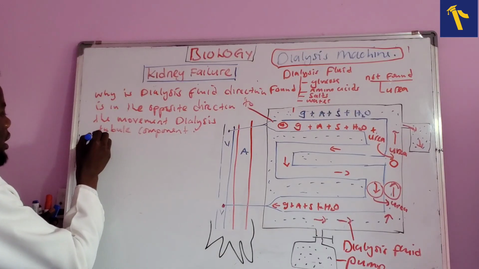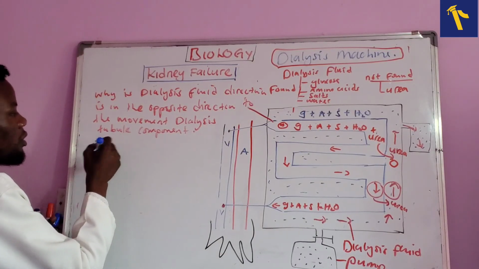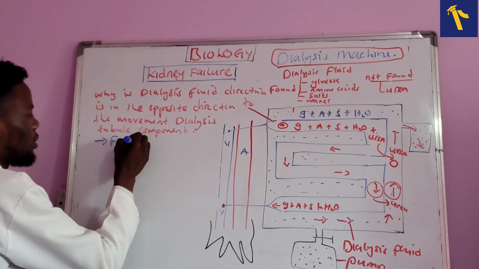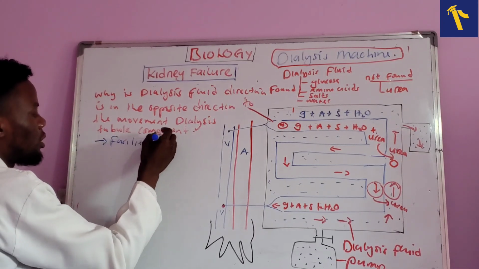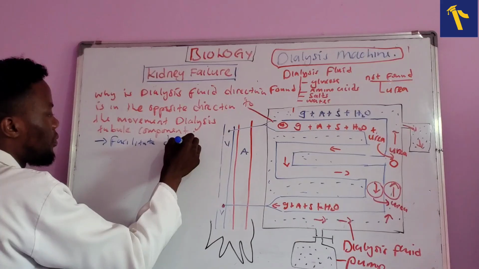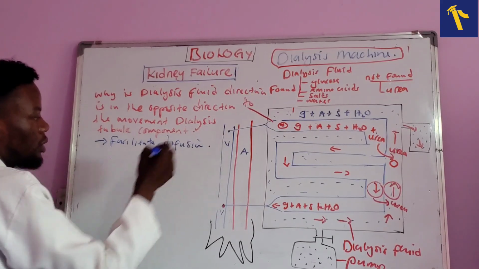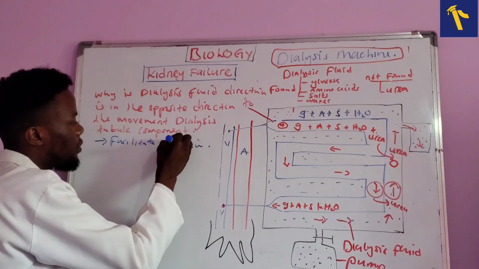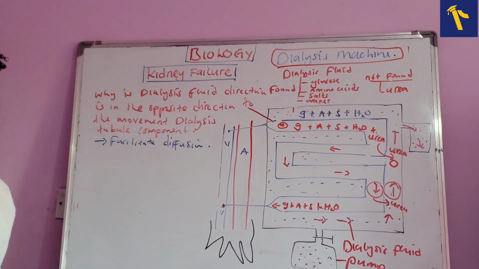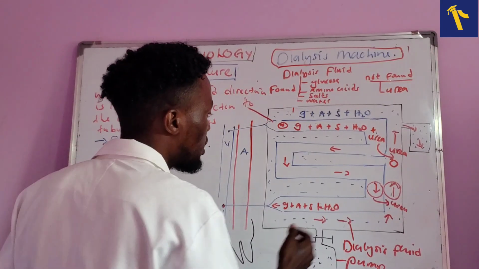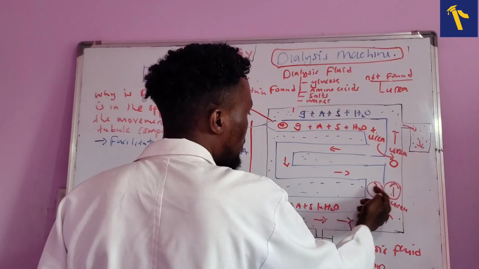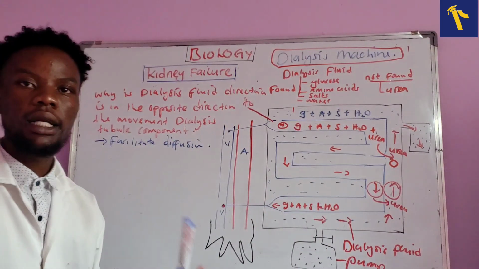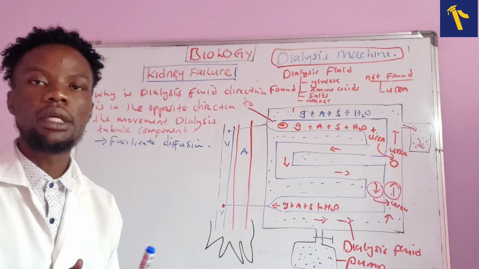The first important answer for this one is to facilitate faster diffusion. So facilitate diffusion. Okay, so that's the most important answer for that. It will make sure that the movement of components between these two compartments, which are the dialysis fluid and the dialysis tube, is going to be increased.